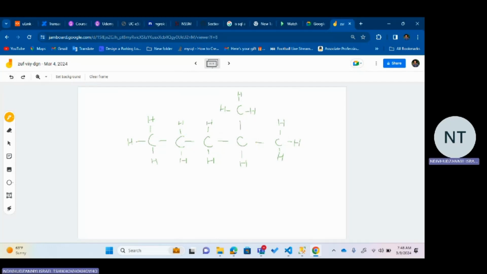So let's circle the longest chain and number it sequentially: 1, 2, 3, 4, 5. This is where the numbering system is so important, because we also do it in reverse order: 1, 2, 3, 4, 5.